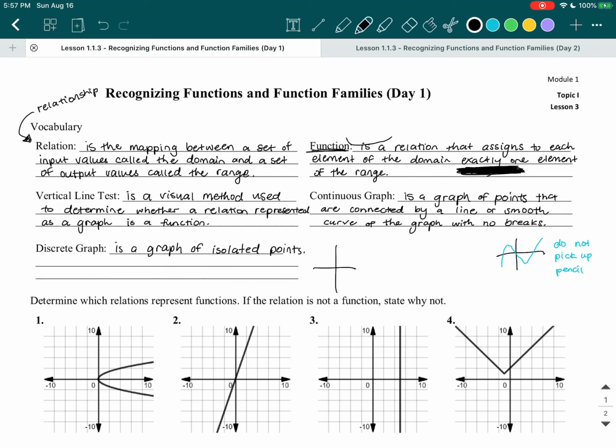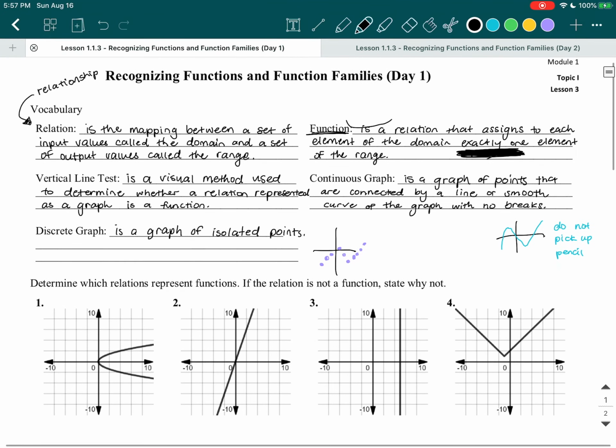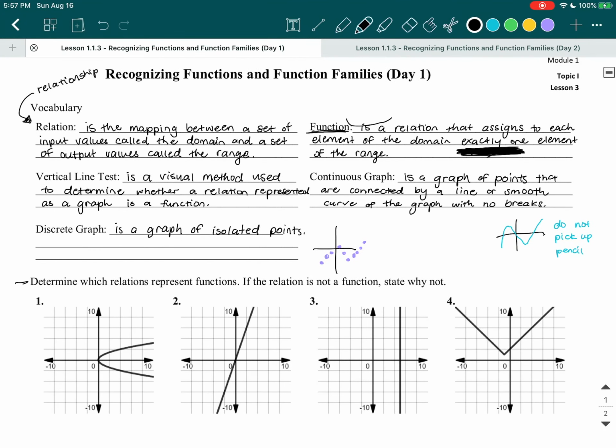And then for a discrete graph, it's literally a bunch of dots. This is a discrete graph. It's a graph of isolated points, isolated dots, just floating dots, okay?